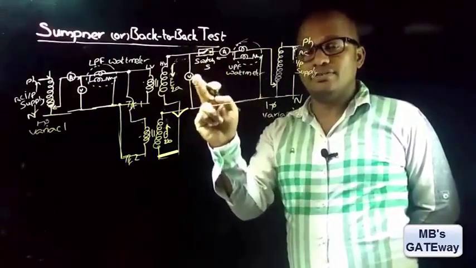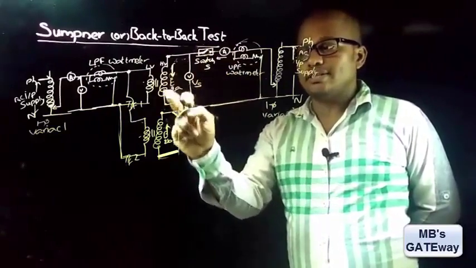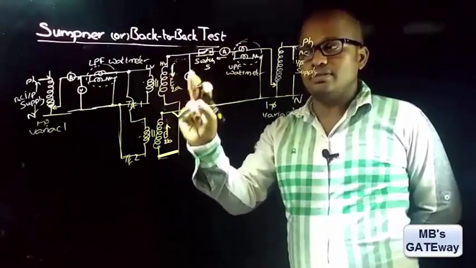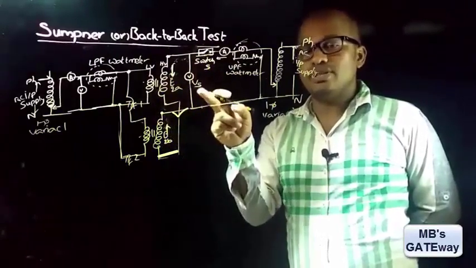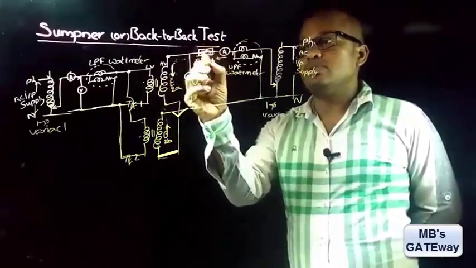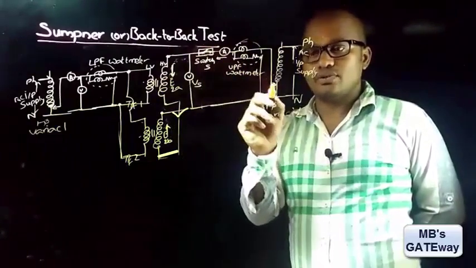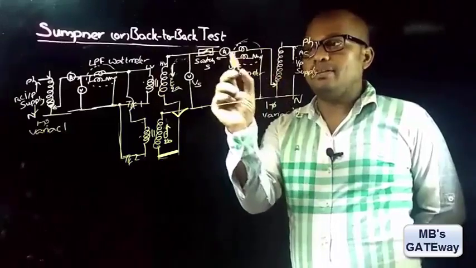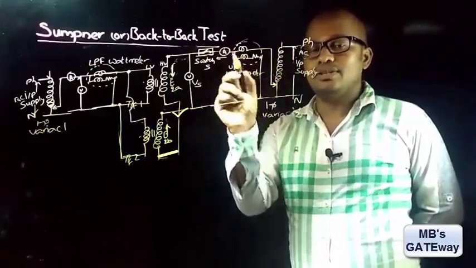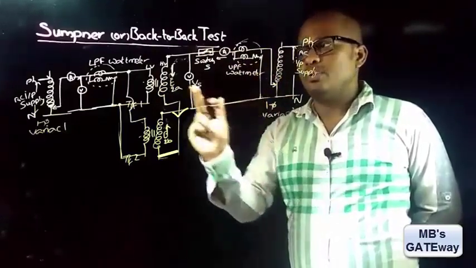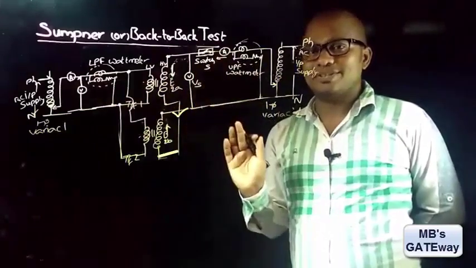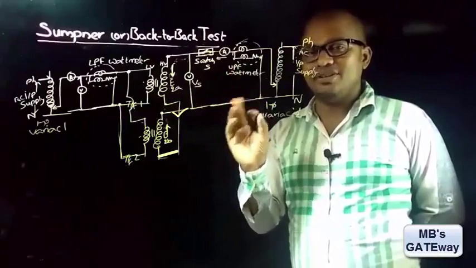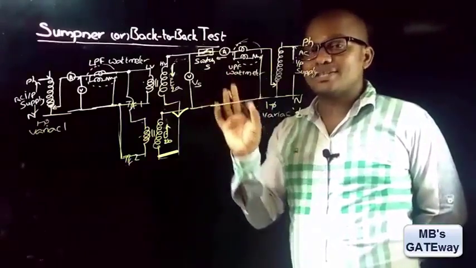But if it doesn't reach 0, which indicates that the secondaries are not in phase opposition, then you must interchange the terminals such that Vs reads 0, and once Vs reads 0, close the switch. Once the switch is closed, by varying variac 2, slowly apply the rated current. Once the rated current is applied, note down all the meter readings, and by using these meter readings find out the efficiency and regulation. This is how Sumpner's test is conducted.